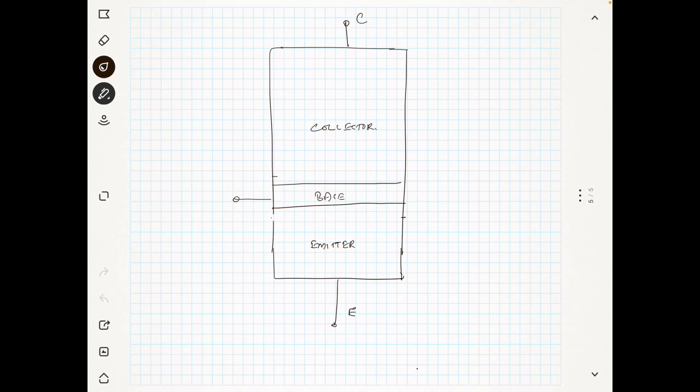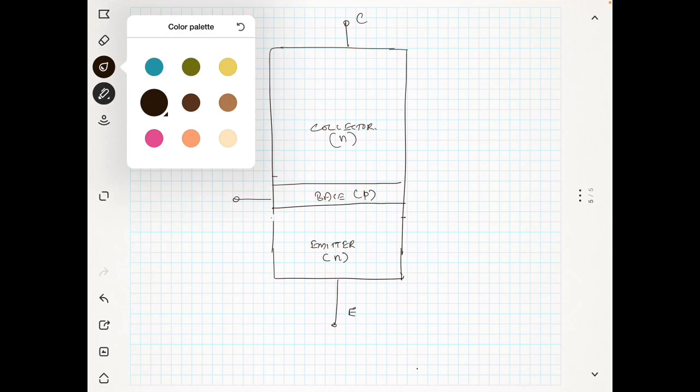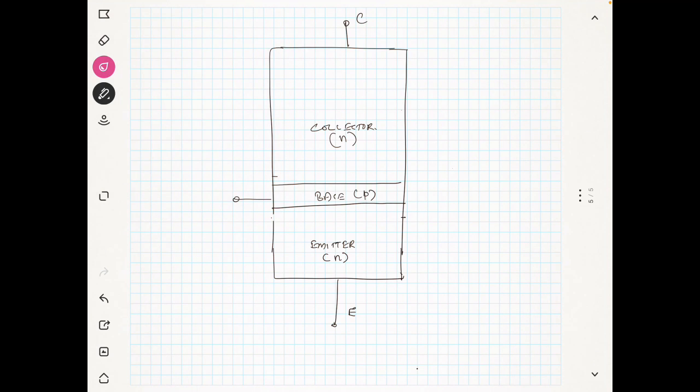Suppose I am taking an NPN transistor. This is N region, this is P region, and this is again N region. Now we will see what will happen.